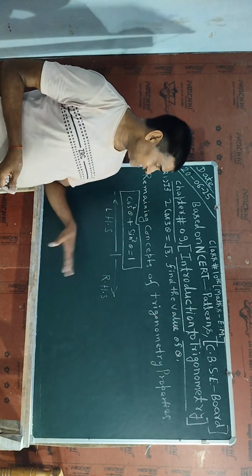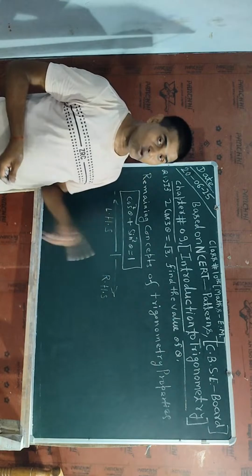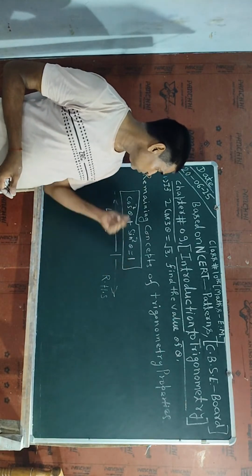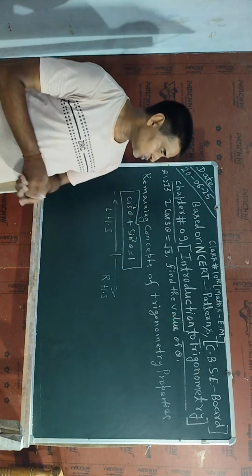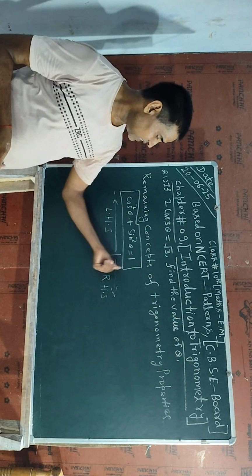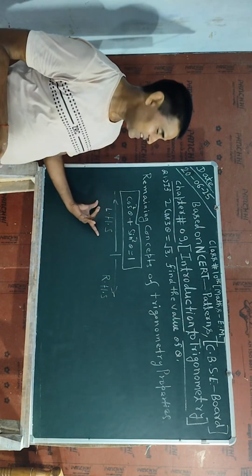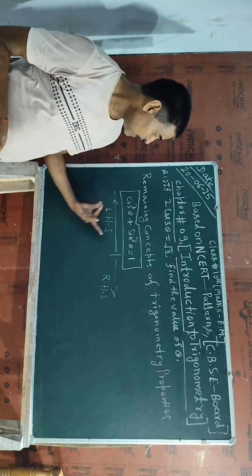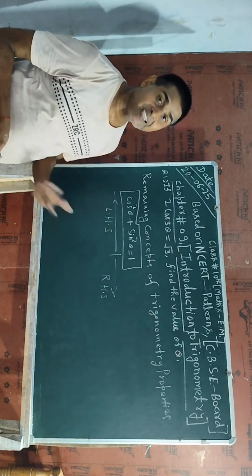Another condition is that you take 1 and prove it to be cos square theta plus sin square theta. It means you take the right hand side and then derive the left hand side, without making a right angle triangle.